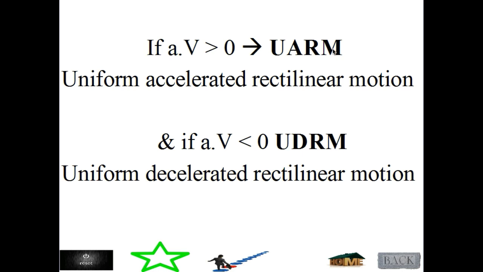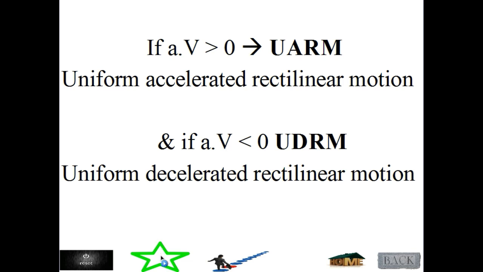If the acceleration and the velocity have the same sign, plus plus or minus minus, then the motion is accelerated. If a and v have opposite signs, a negative and v positive, then uniform decelerated. a positive and v negative, then it is uniform decelerated, but in the negative sense.